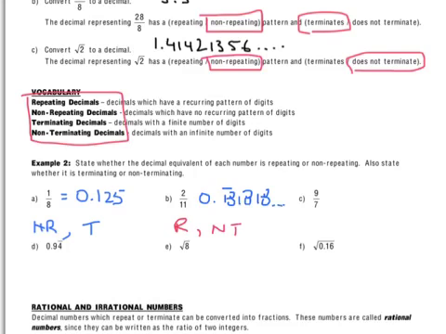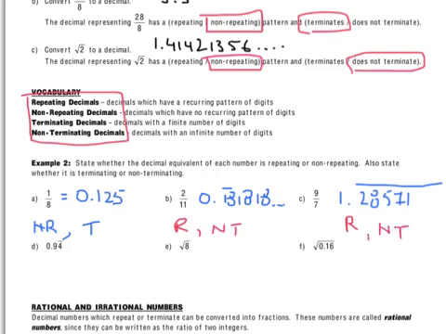Okay, C is a little bit tricky. 9 divided by 7 gives us 1.28571, 28571. And then that pattern actually repeats again. So 28571 keeps going on forever. It's repeating. So it is repeating and non-terminating.